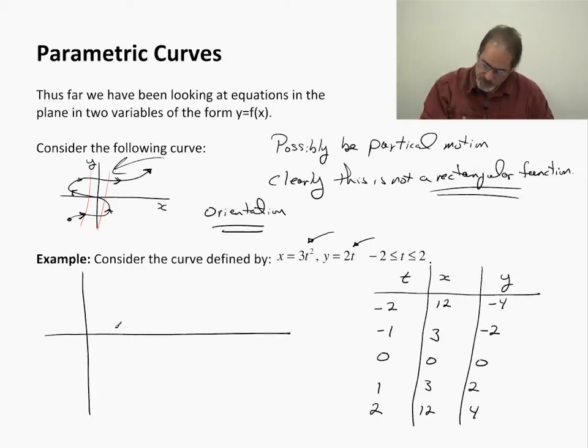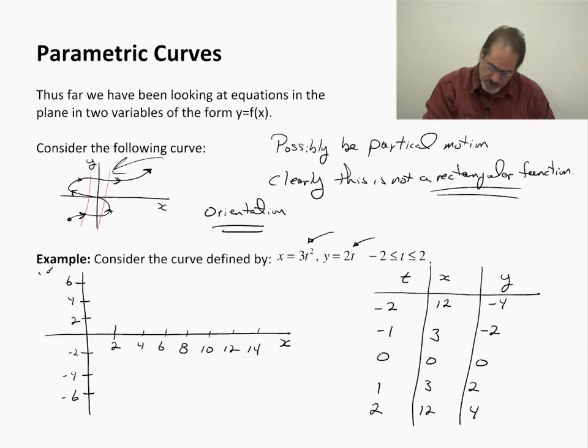I'm going out as far as 12, so let's say 2, 4, 6, 8, 10, 12, 14. Y goes plus or minus 4, so -2, -4, -6, that's plenty. There's 2, 4, 6. Of course, this is x and y.